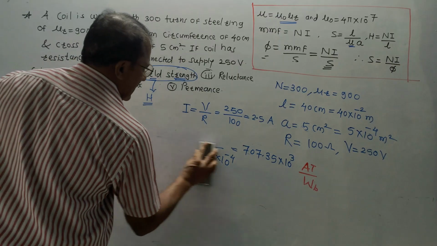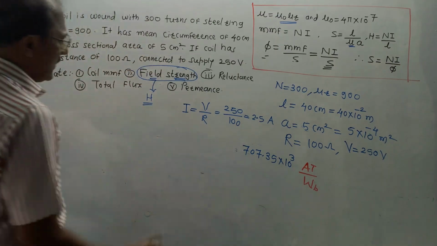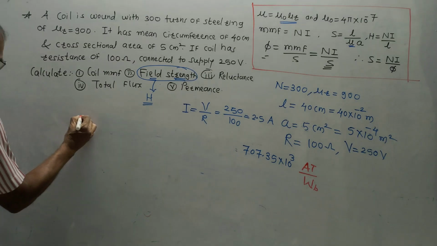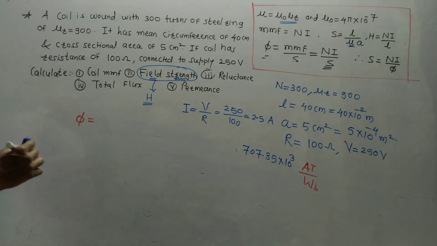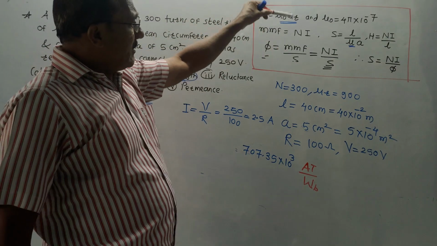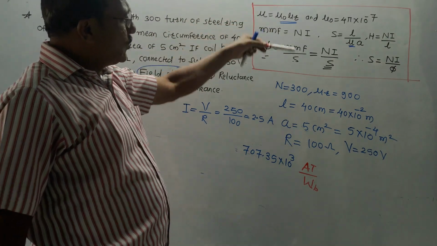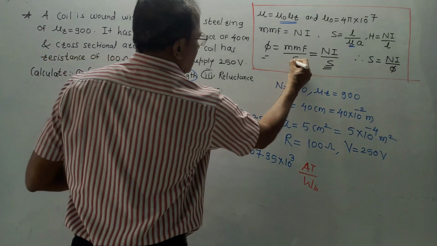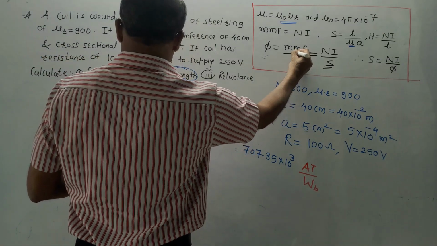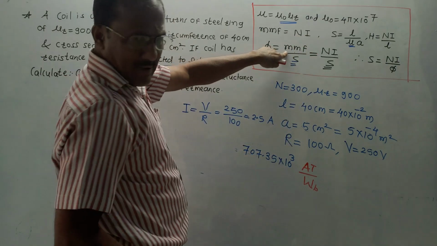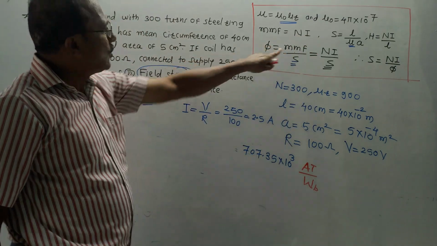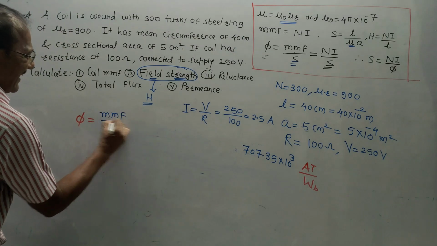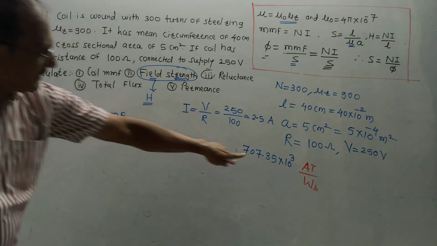Next part is, it is asked to calculate the total flux. Total flux is denoted by notation phi. Look at the set of formulae. These are the available formulae. We can make use of any formula like S, which we have just calculated. MMF, we have already calculated the value of MMF, that is magnetomotive force. So we can make use of this equation, MMF upon S. S is the reluctance, and we have this value.